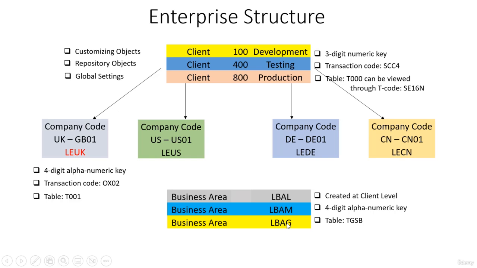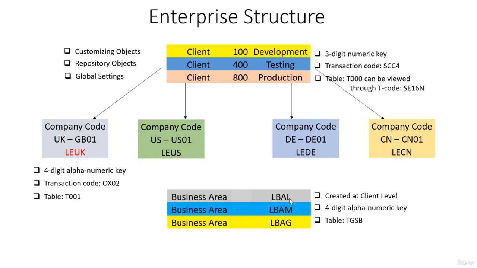So if you're wondering why these naming conventions are used, as I mentioned in the business requirements, the business area or office branches will be located in London, Manchester, and Glasgow. So LBA, basically L represents the company code or company name, that is LE, and BA represents business area, and L represents the location of the business area.